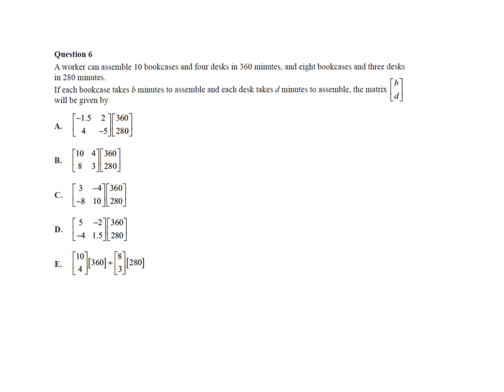So if you have a look, I could say 10B plus 4D equals 360, and then they say 8B plus 3D equals 280. So there I've got my 2 simultaneous equations, and they said how do you solve it? So they actually want the solving of it.